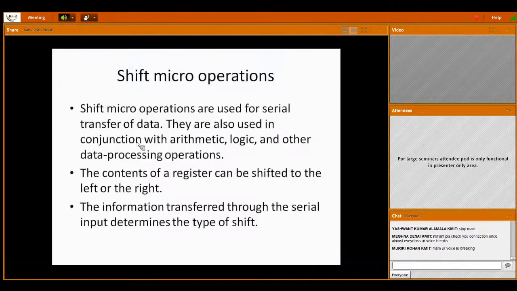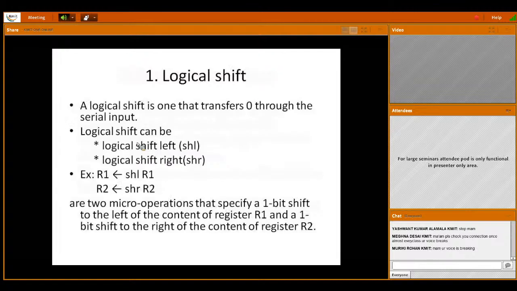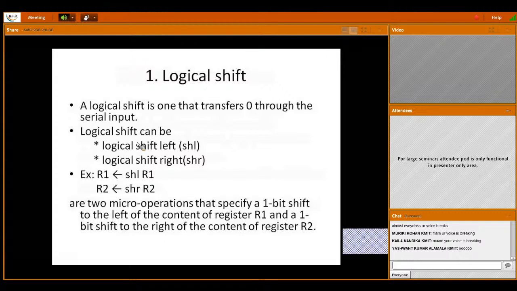There are 3 types of shift micro operations: logical, circular and arithmetic. If you understand the logical shift, you will understand the next 2 shifts, circular and arithmetic. All are similar, with only some minor changes. So in the case of logical shift, again this shifting can be done either to the left side or to the right side.